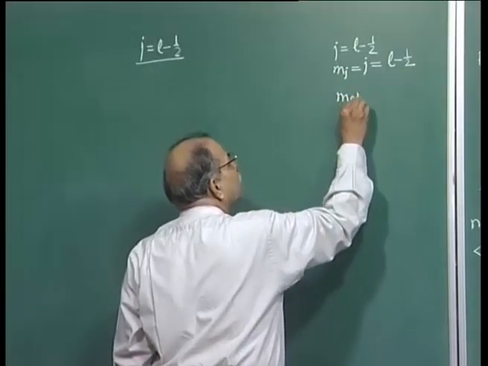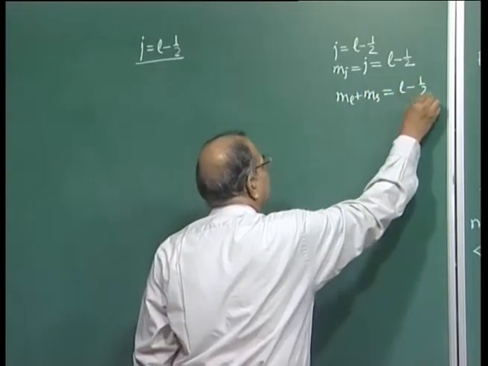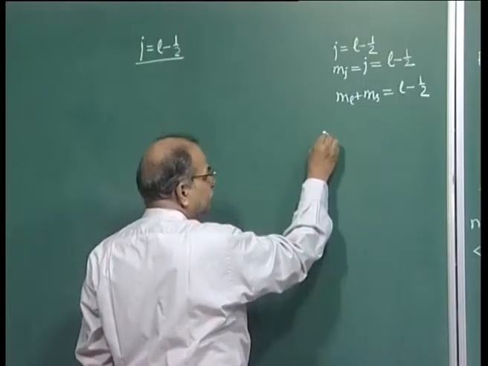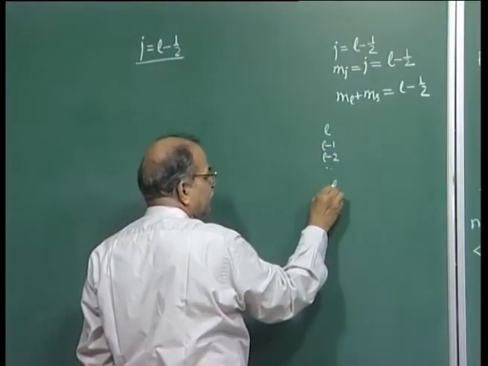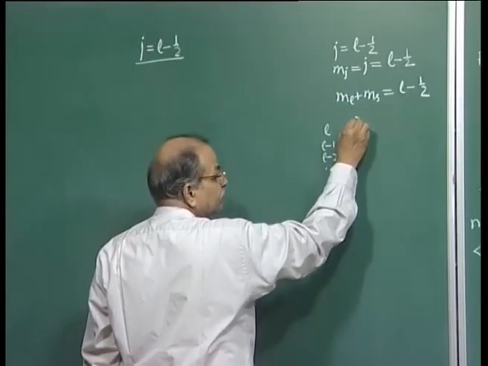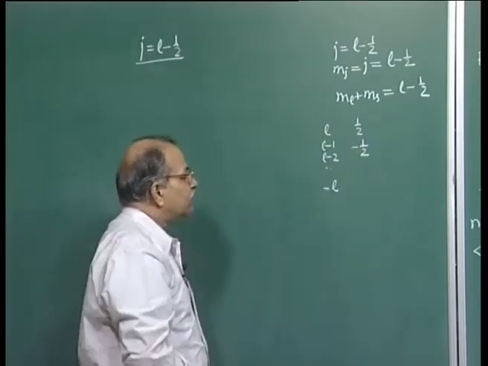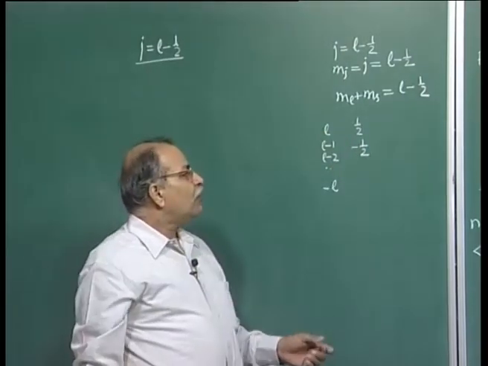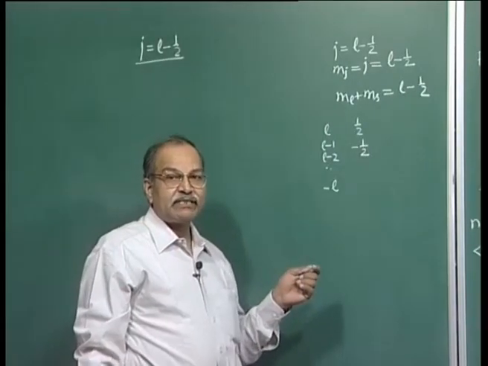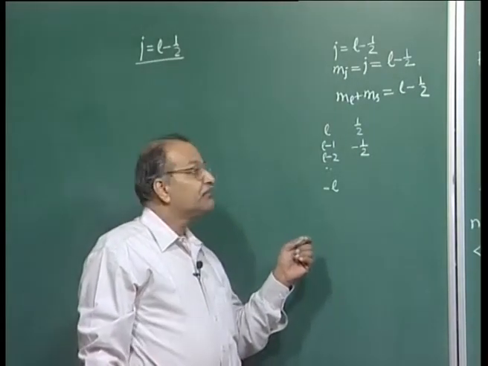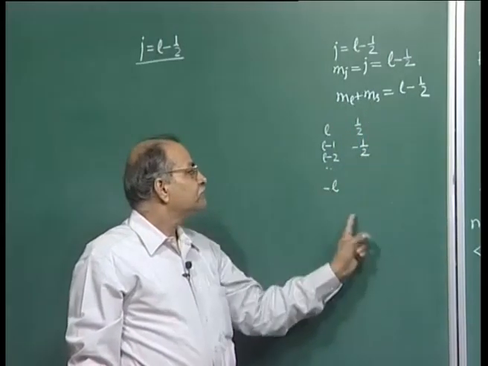So, ML plus MS should be L minus half, where the values of ML are L, L minus 1 and so on up to minus L, and ms can be plus half or minus half. Now, look at this table and tell me what are the possible sets of ml and ms which give you ml plus ms equal to L minus half.